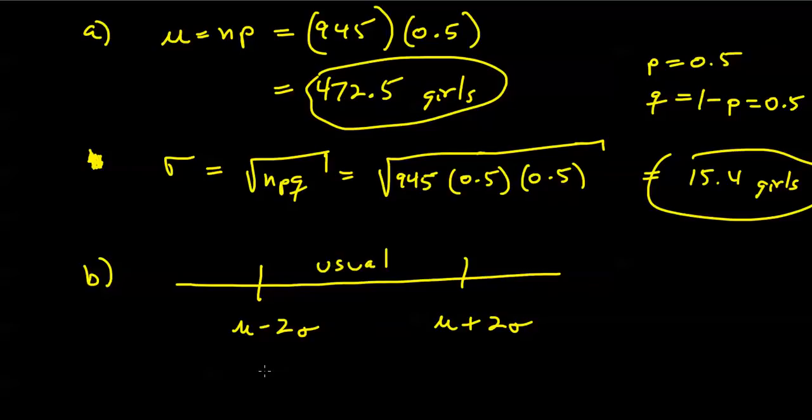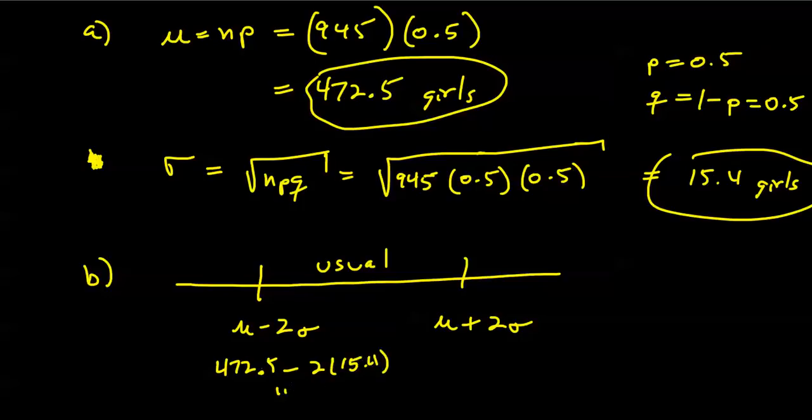So I claim anything in this range is usual. Mu, recall, was 472.5, and minus 2 sigma on the low end. Sigma is 15.4.